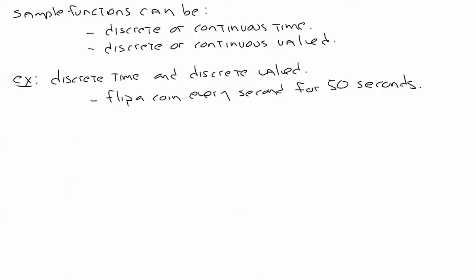And if we get a head, remember, a random variable assigns a real number to the outcome of a chance experiment. Likewise, when I flip a coin, the result is not a number, it's heads or tails. What I'm going to do is assign heads to little x of t. I'm going to set that equal to 1.